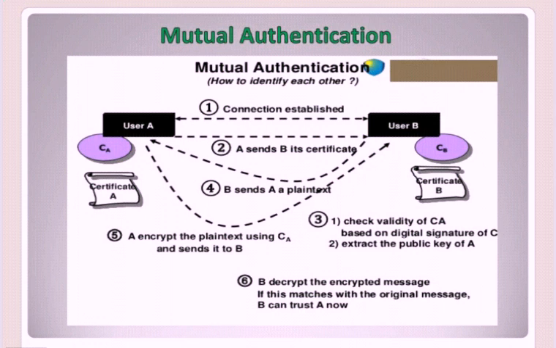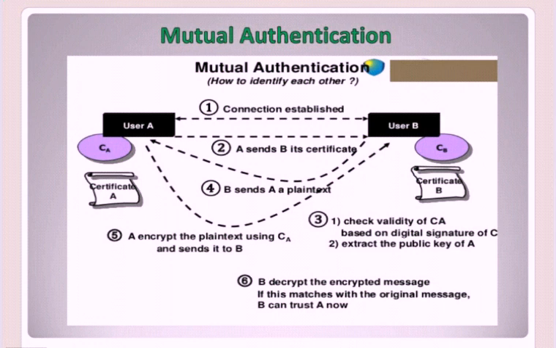So in the third step, B checks the validity of the CA based on the digital signature of the CA, and it also extracts the public key of A. Now there is an interesting event carried out by B. B wants to make sure that A really is the entity identified in the certificate. So B generates a random plain text message and asks A to encrypt it. This interesting event is actually step 4.